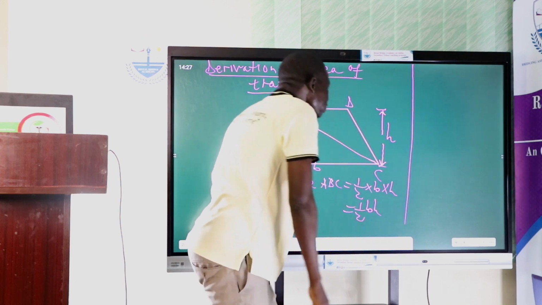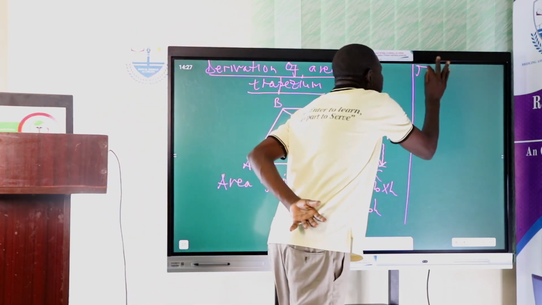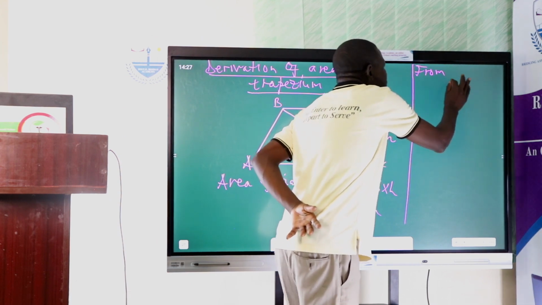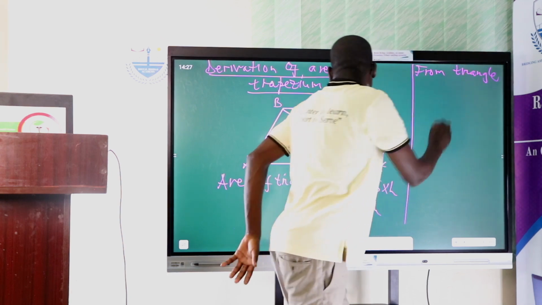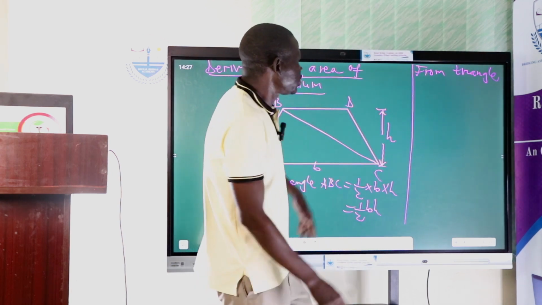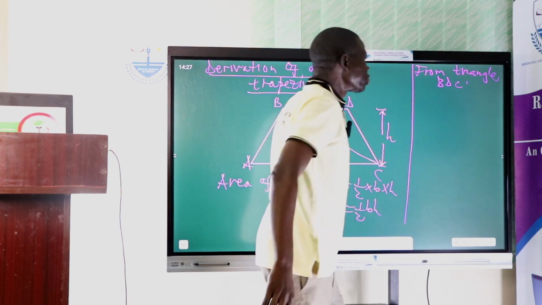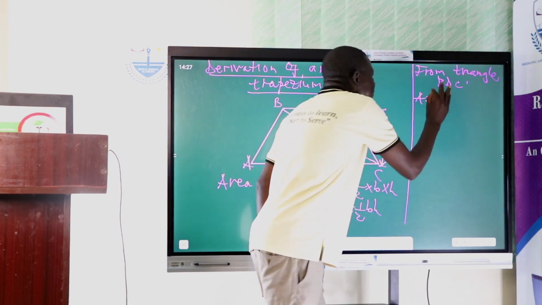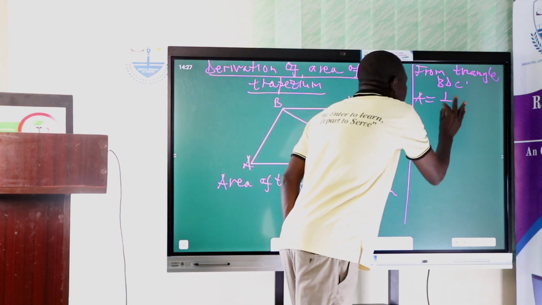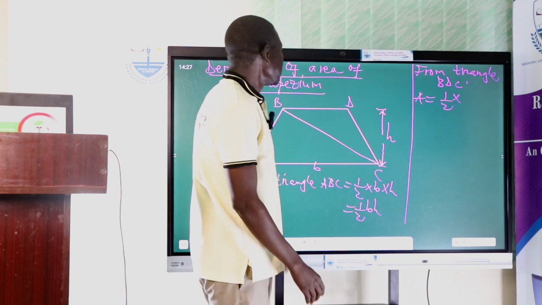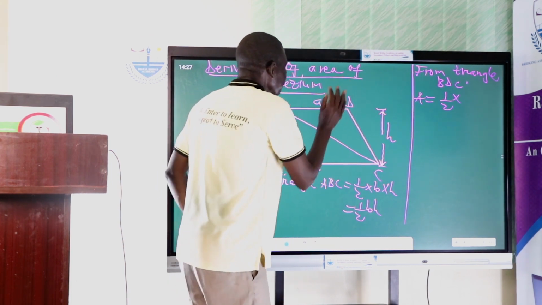Then I also consider the other triangle, which is triangle BDC. From triangle BDC, we can also find its area. Area is obtained by a half times its base. In this case, our base is now a.